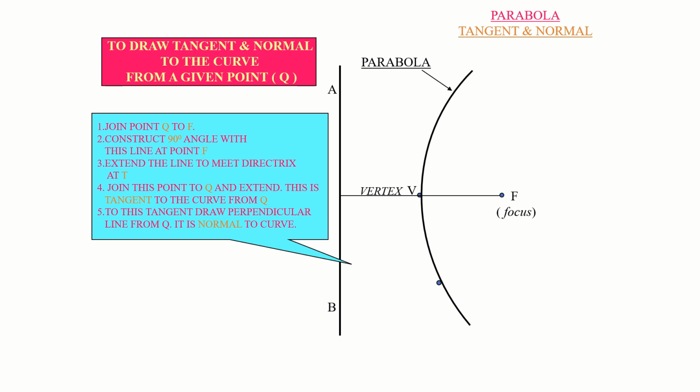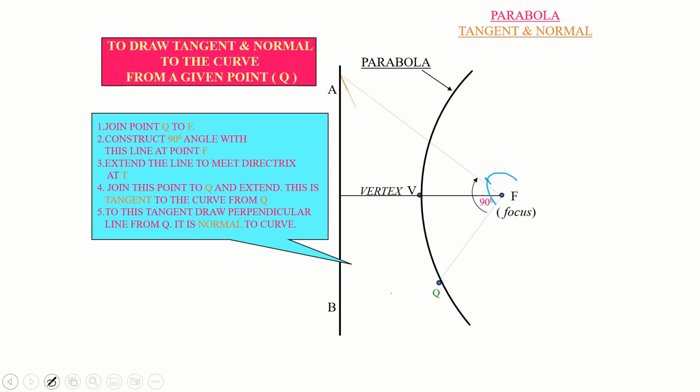Join this point Q and F. You have drawn a line and then take the protractor here along this line QF and you will get a 90-degree line. Join this line up to the directrix. Another point you have obtained here, this point is called P.